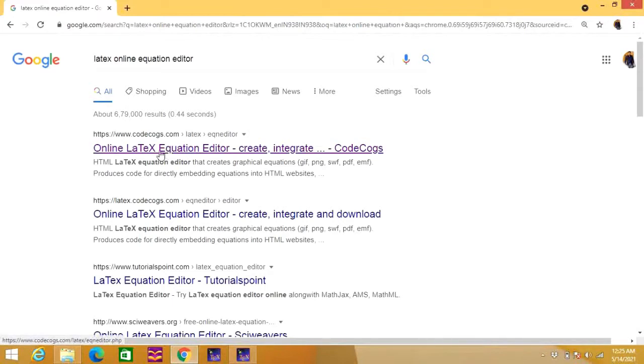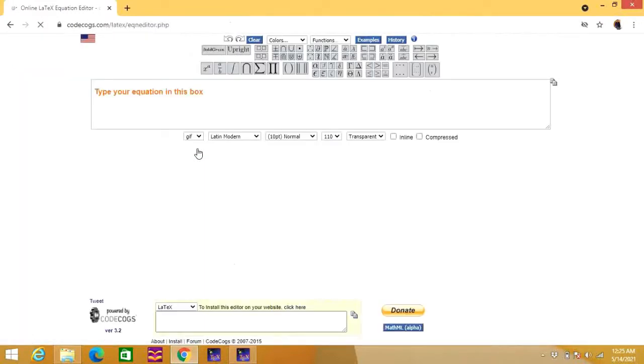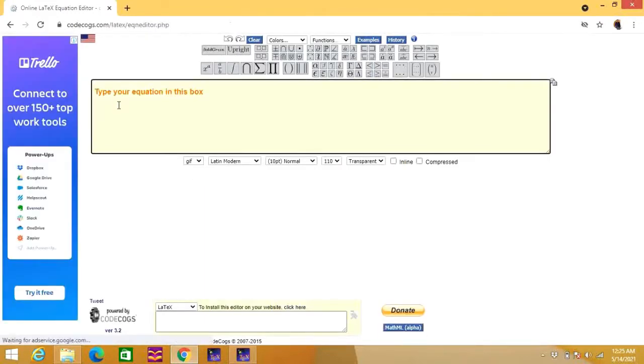You need to click over here, and it will open a window as shown. This we are going to use to write the equations. I'll tell you how we will go for that.